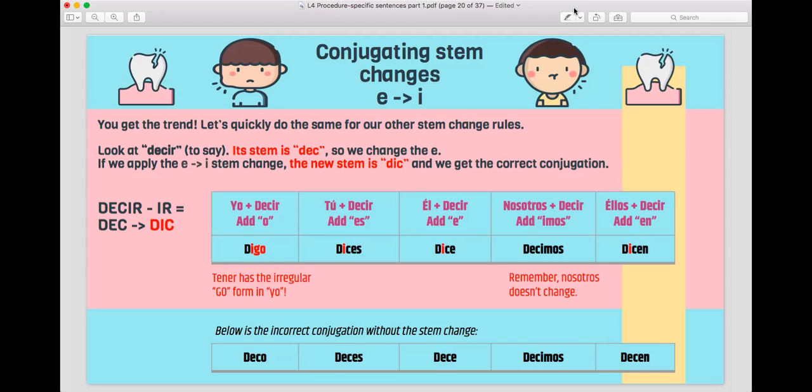But for the rest, we apply the stem and add the endings as normal, and it's tú dices, él dice. We don't do stem change for nosotros, so it's nosotros decimos, and ellos dicen. At the bottom is the incorrect way without the stem change.